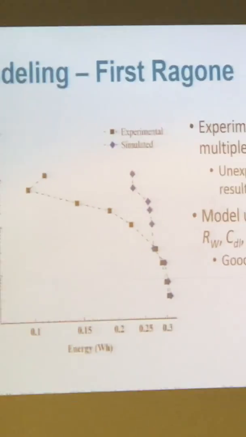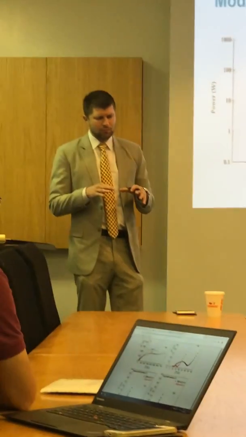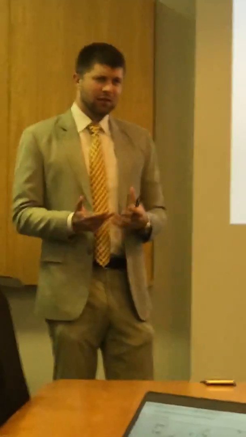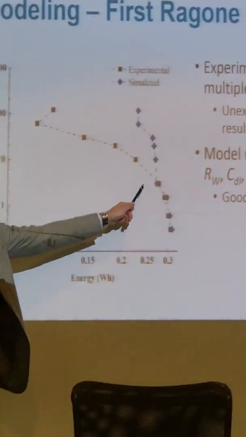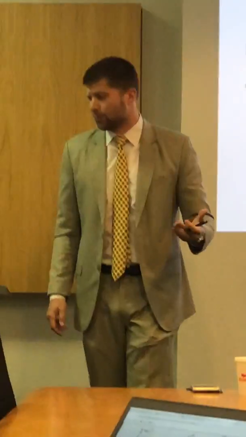And so the model breaks down at high power. Now we said earlier, lithium-ion capacitors, their purpose is to exploit some of the high power properties of traditional EDLCs. And if our model's breaking down here, this is obviously an issue that is going to need to be rectified.